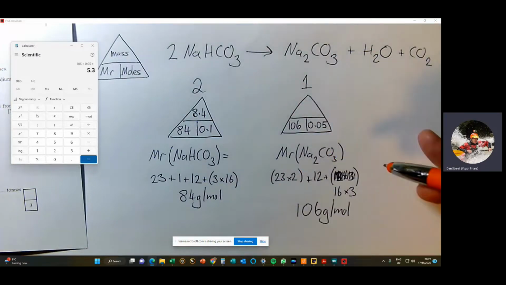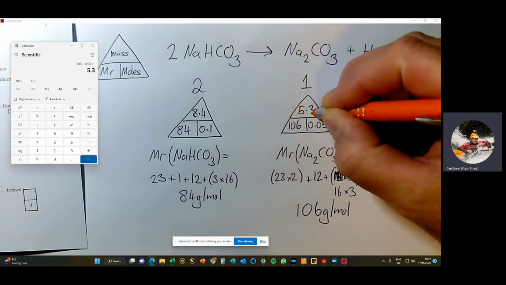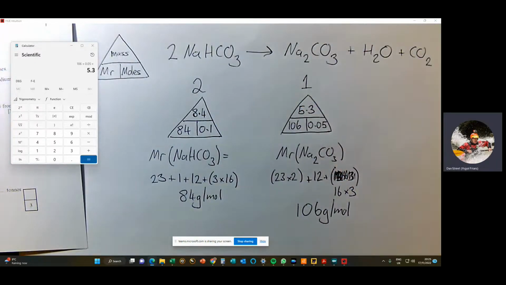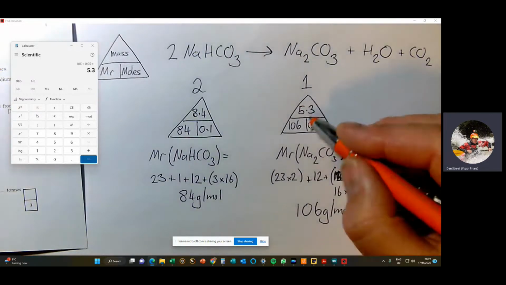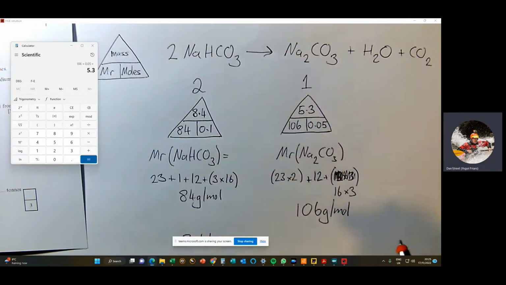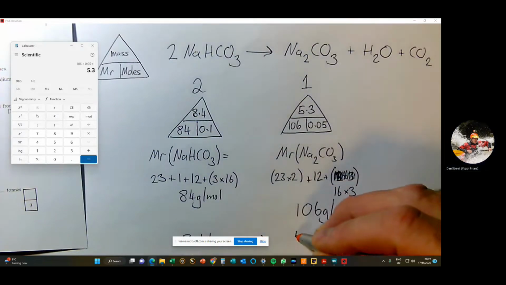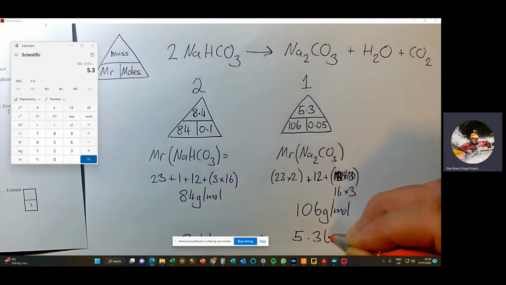And if you do that on your calculator, you will find that that is 5.3 tons. Okay, so that question asked us to calculate the mass of sodium carbonate that could be obtained from 8.4 tons of sodium hydrogen carbonate. Therefore, it's 5.3 tons. So 8.4 tons of sodium hydrogen carbonate can create 5.3 tons of sodium carbonate.